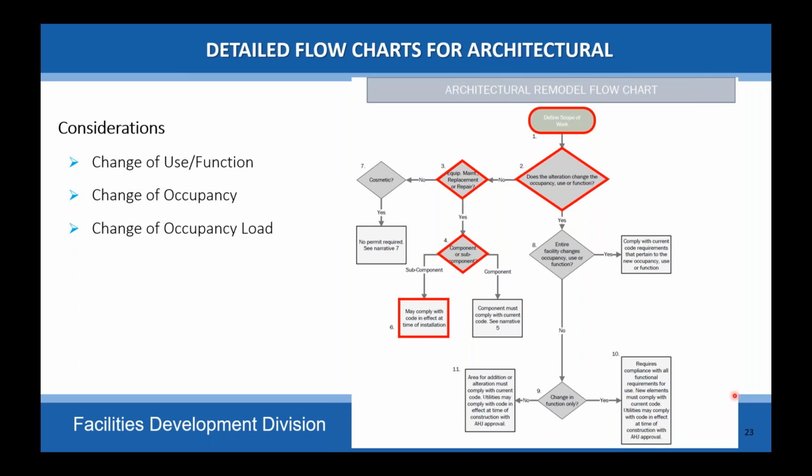Now, if you're doing a subcomponent within that unit, you can just replace that subcomponent to comply with the code at the time the HVAC unit was originally installed. So if you're replacing a fan motor or something within there, it's considered a maintenance item, and you can just replace it. No other requirements apply.